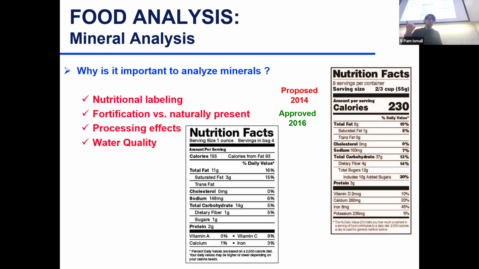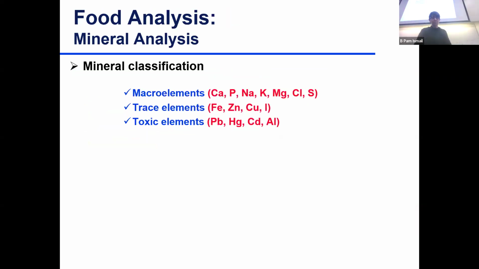And we determine minerals for nutrition labeling and for claims of fortification or enrichment. So minerals are classified into macro elements that are needed in higher amounts, trace elements that are needed in much smaller amounts, and then there are also the toxic elements that should not be present in foods we eat.